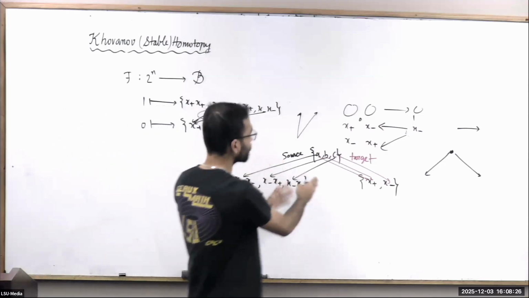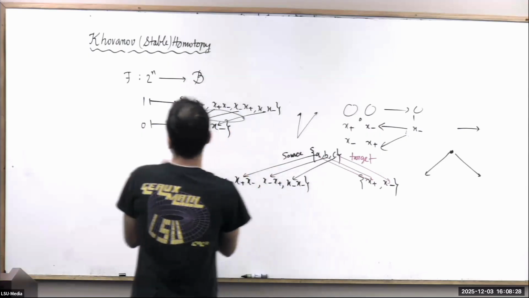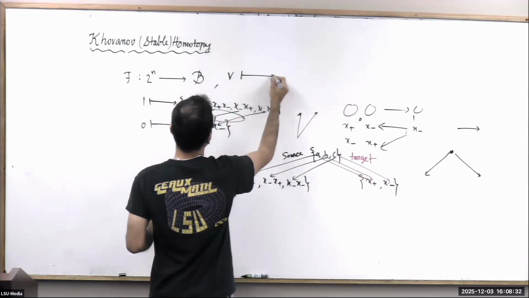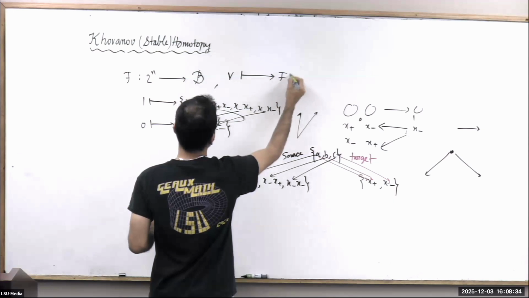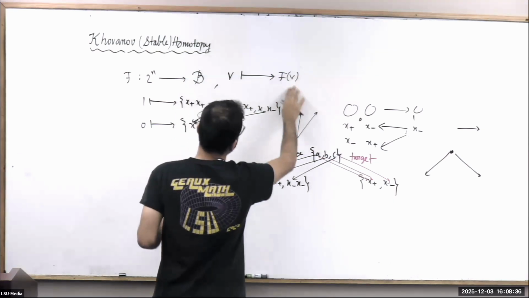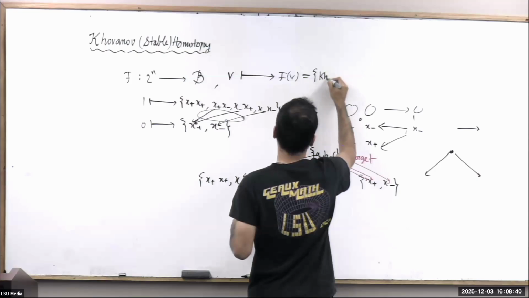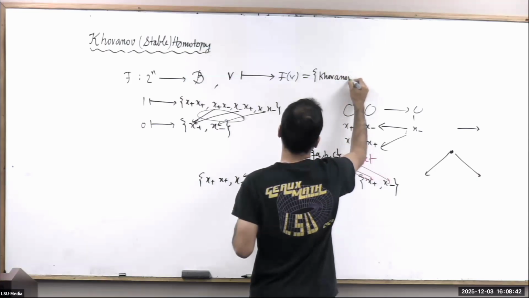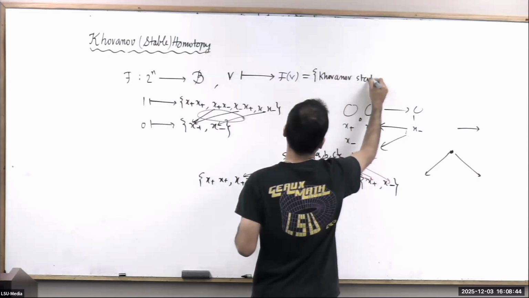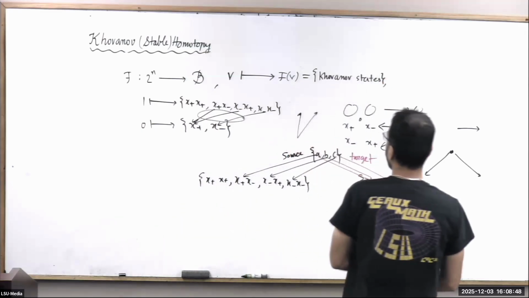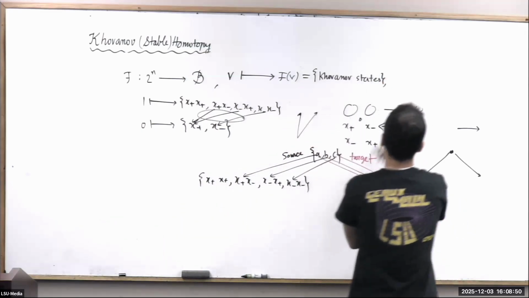So as a functor, this much is good enough. I didn't define this functor. This V will go to F of V, that is, these Khovanov states. And your morphism will be a span.